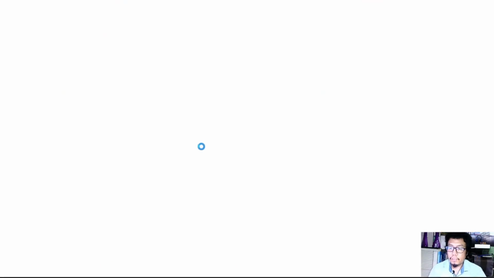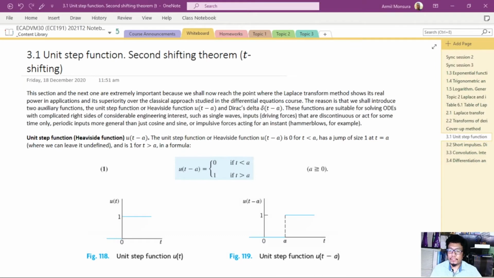But before we proceed, we first discuss two auxiliary functions that are used widely in engineering applications in order for us to describe more realistic forms of our signals. Okay?